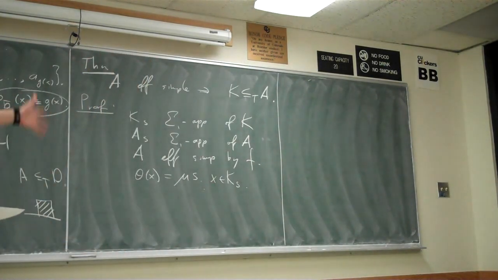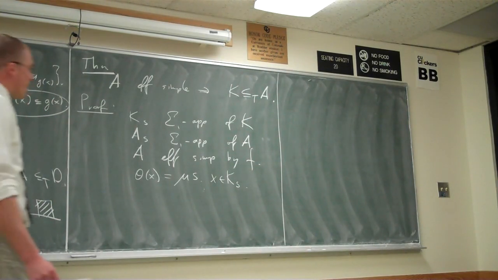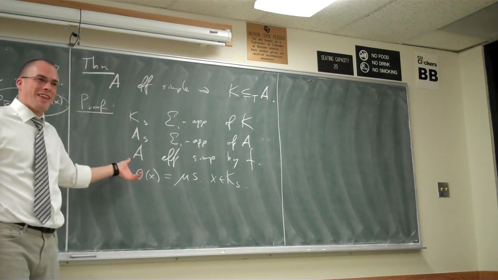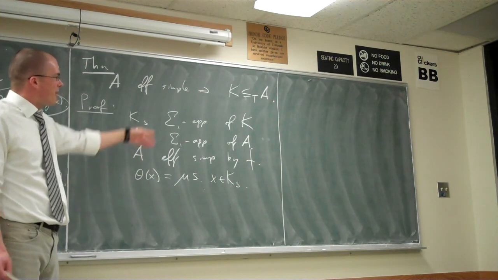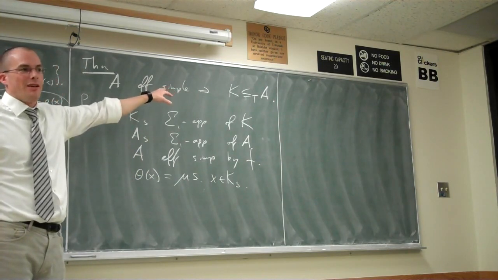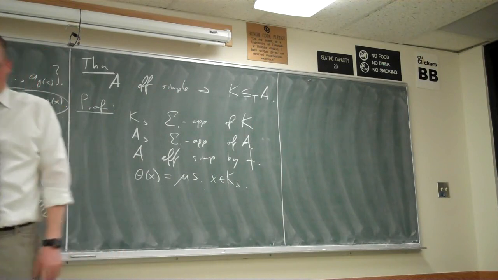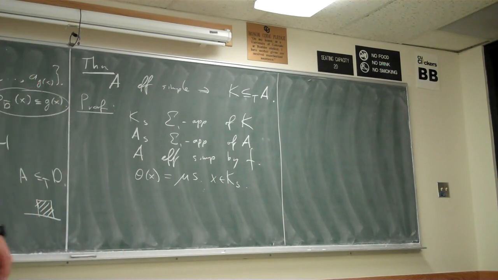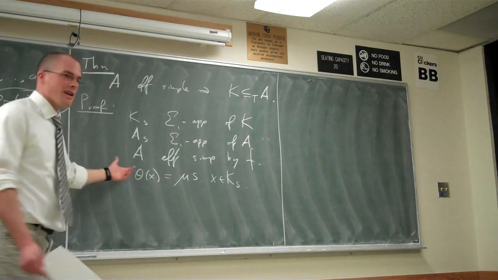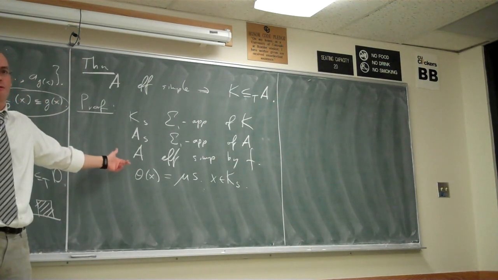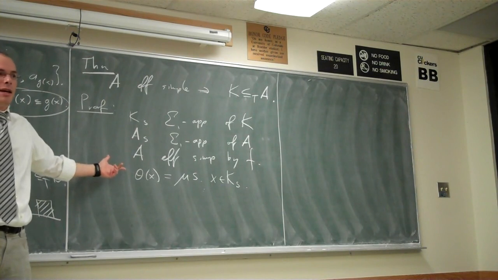So this is the input, and now I want to show that using this, how is this theta useful for trying to show that K could be computable from A? Well, one of the ways of deciding K once you have theta is to find a function bounding theta.